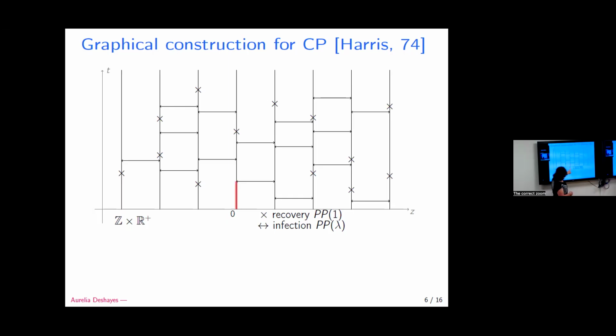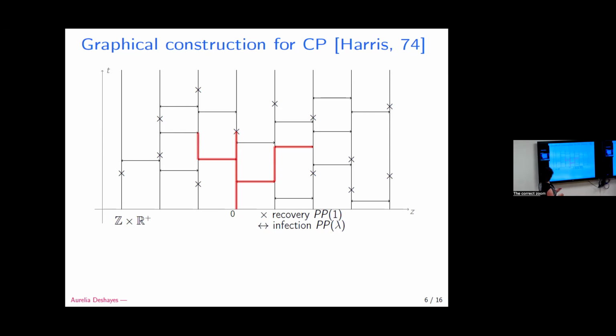And you start, for example, with the site 0 in state 1. And you follow the graphical drawing. If there is an arrow, you can go through the arrow, and you stop when there is a cross.